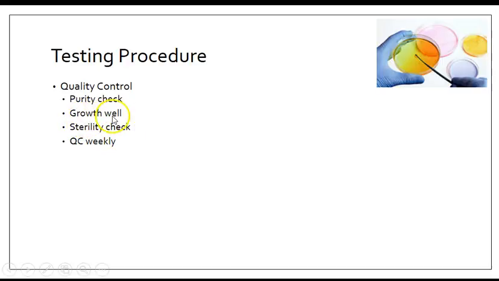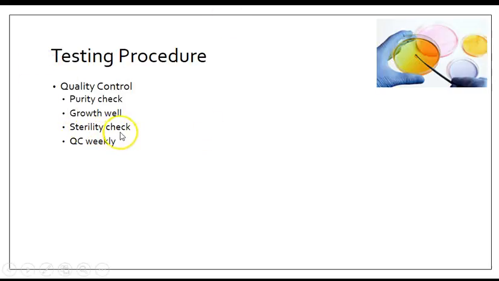A growth well, the growth well is in the panel and there's no antibiotic in there, and that's just to make sure that the organism will grow in the broth that's in the antibiotic panel.